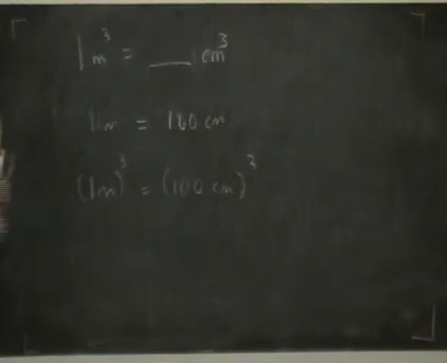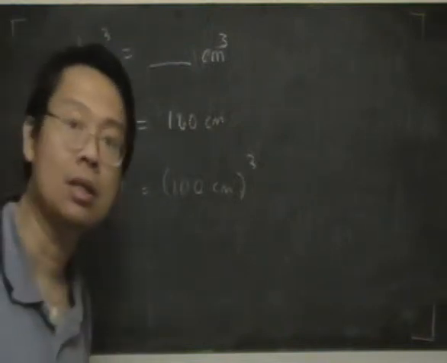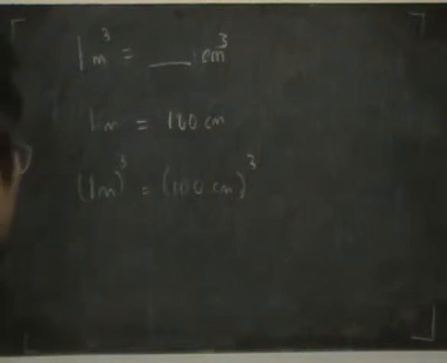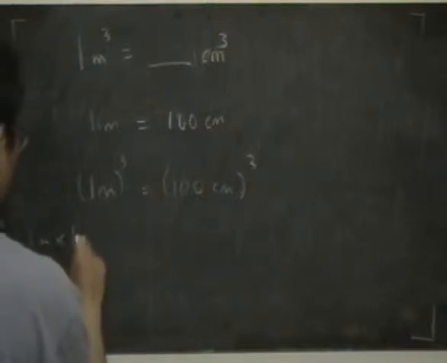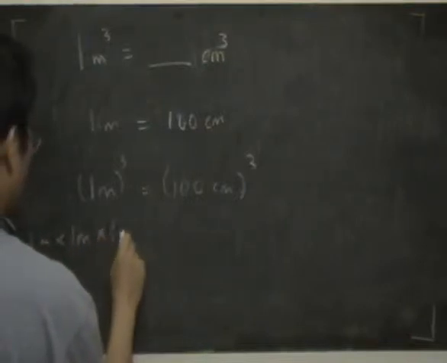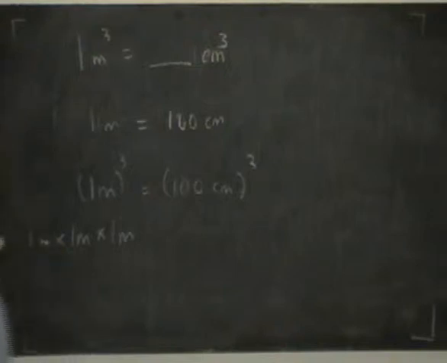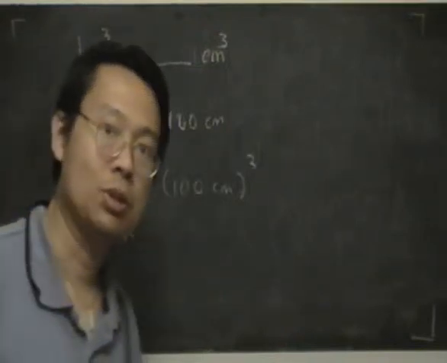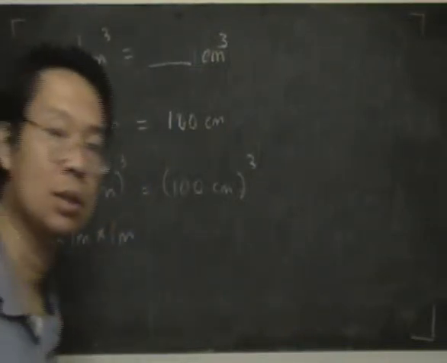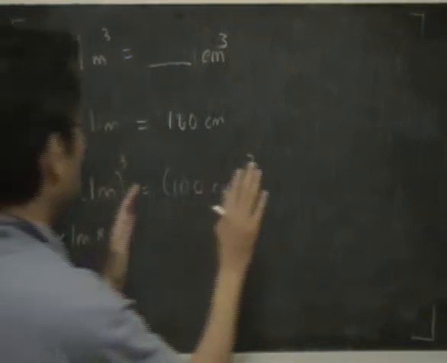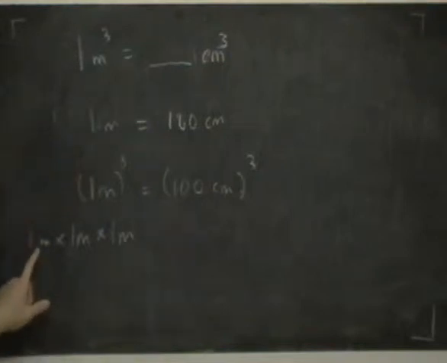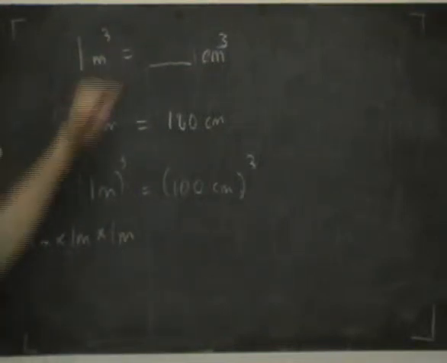Okay, so let's take a look at the left side. Now 1 meter cubed. What's 1 meter cubed? That's 1 meter times 1 meter times 1 meter. That's the meaning of 1 meter cubed. Multiply by itself 3 times. And you can see that this is really equal to 1 meter cubed.